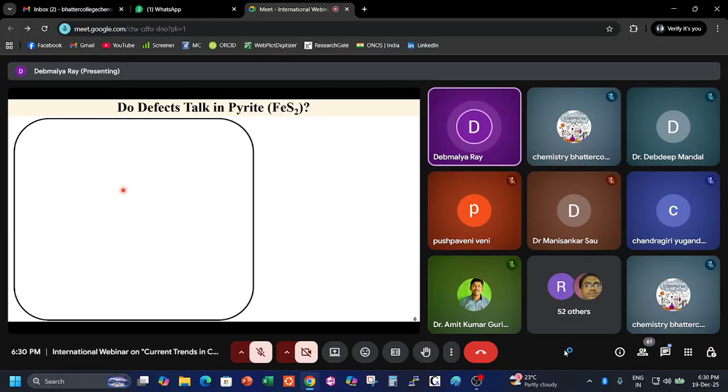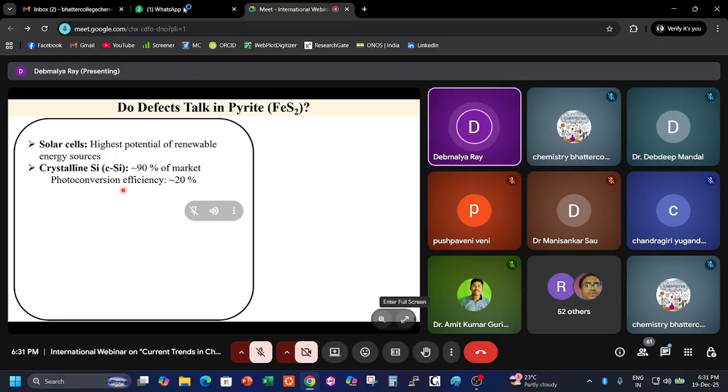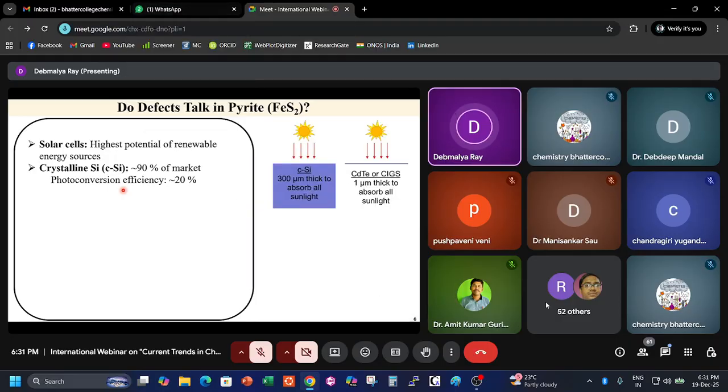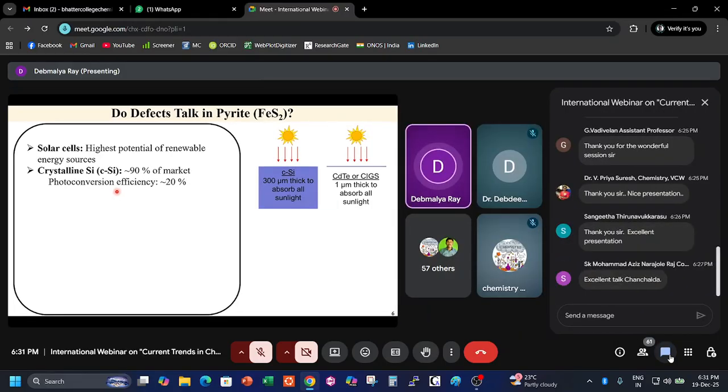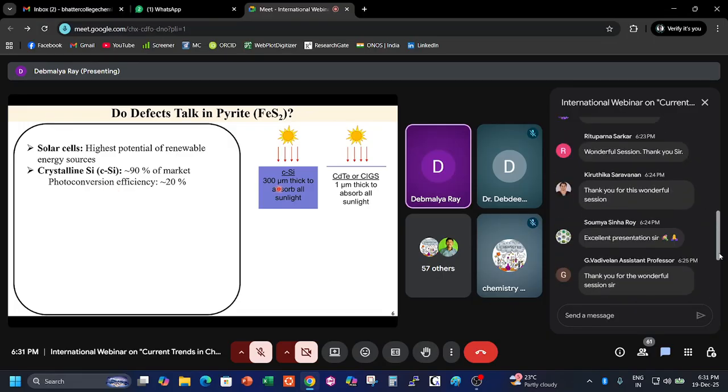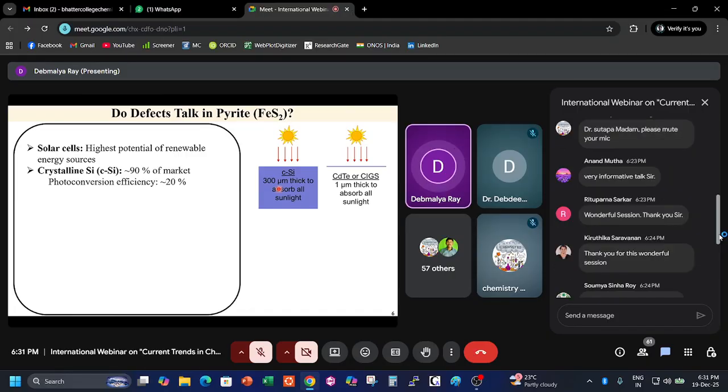So why are we even interested in this material, iron disulfide? This material is a potential solar energy material, but why do we even need another new solar energy material, right? Because currently 90% of the market is based on crystalline silicon, which has a photoconversion efficiency of 20%. But the problem is you need a very thick layer of silicon to absorb sunlight.